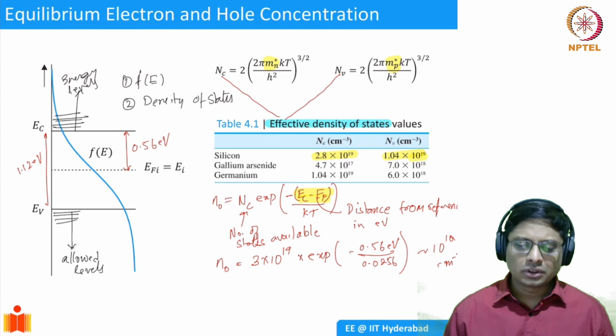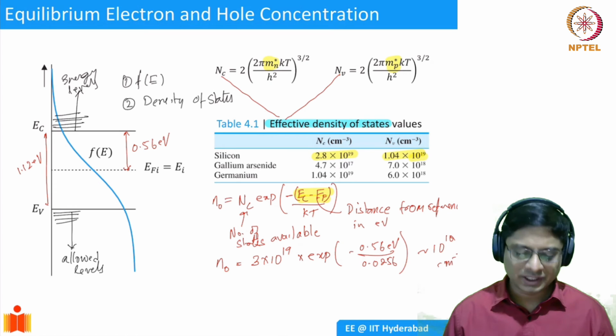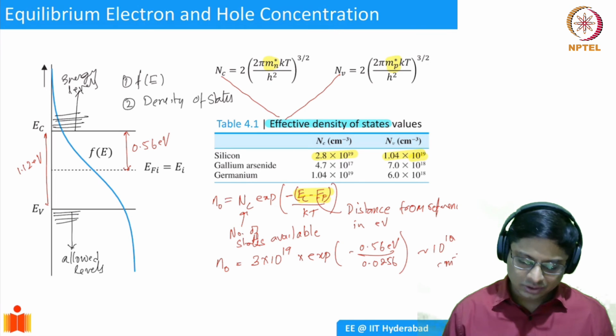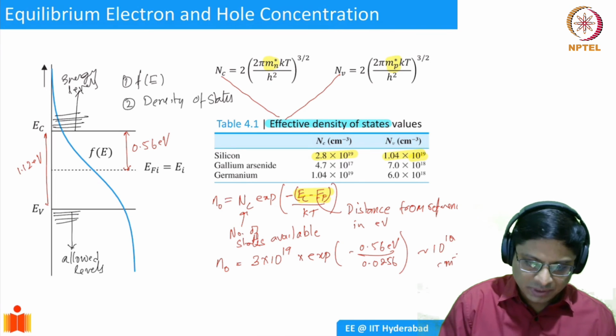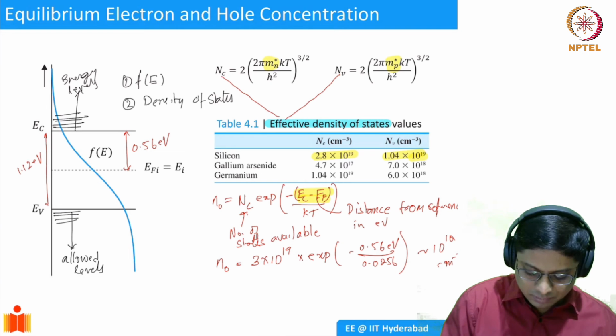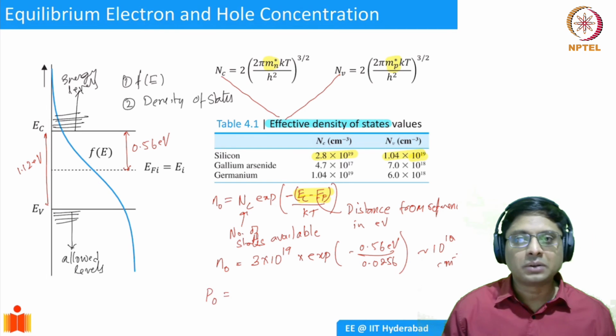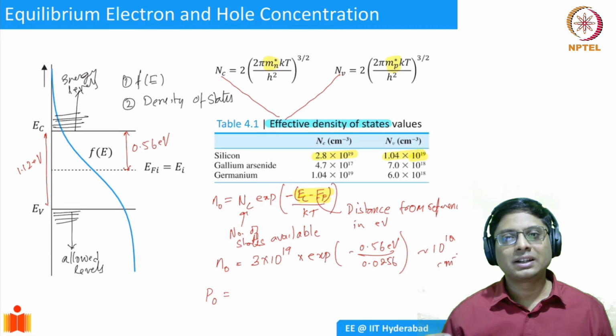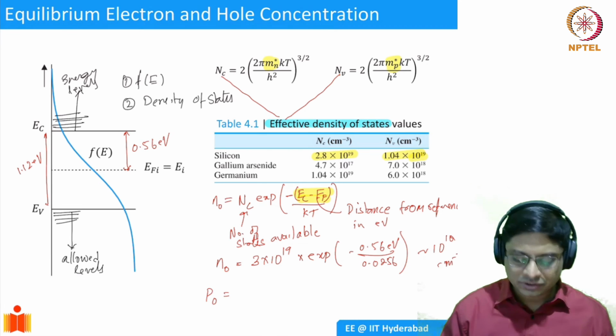All right. You could do a similar analysis for P as well. So we can also write a similar expression for P0. Now we want to find out with reference to NV, the effective density of states for holes.